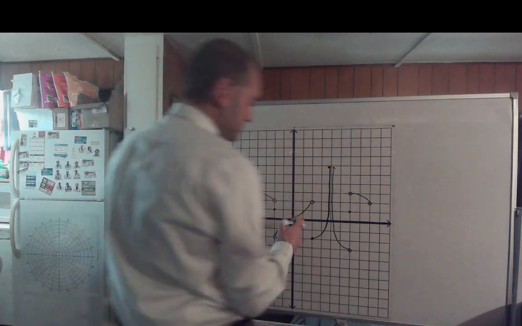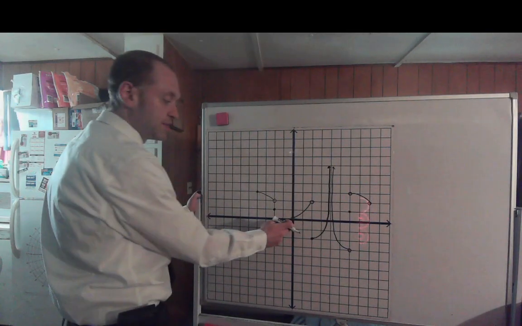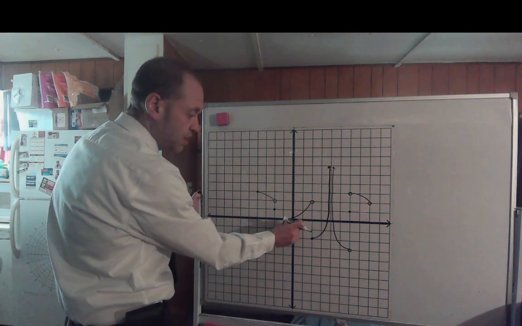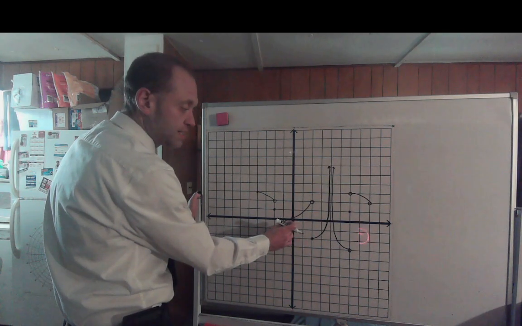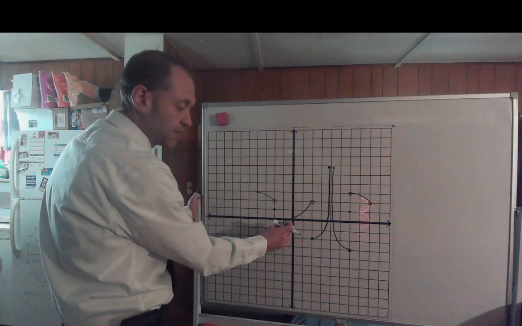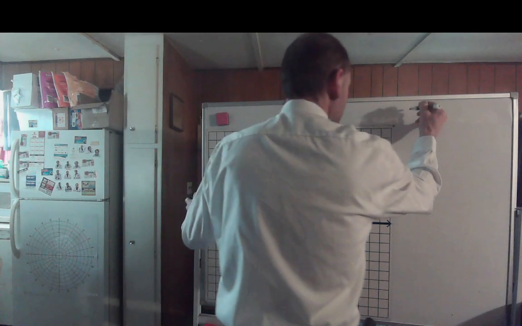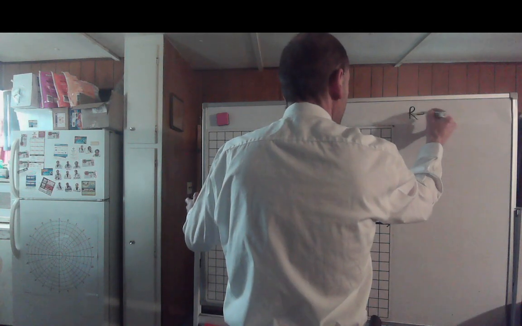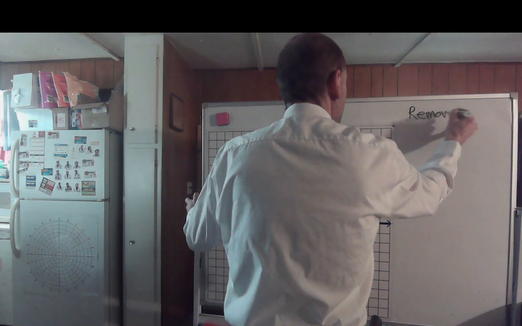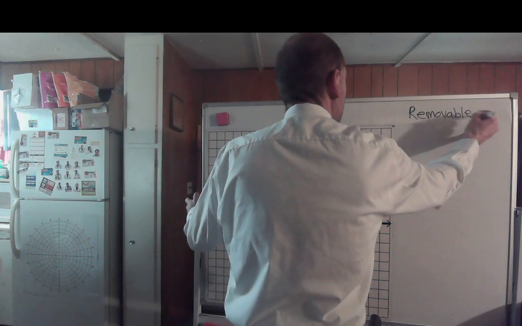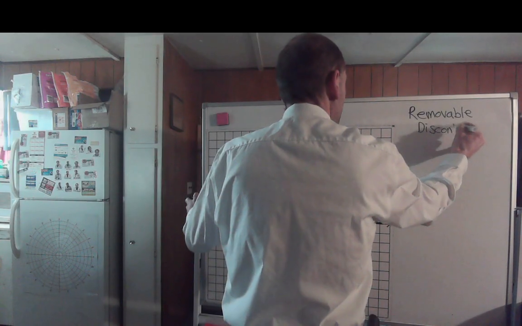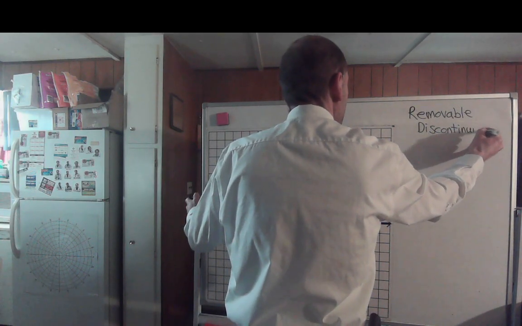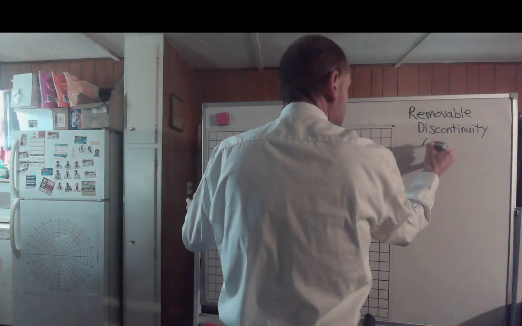So we definitely have a discontinuity there, but it's just an open circle at that one point. The rest of the curve's filled in. So this is a removable discontinuity. So we have actually a removable discontinuity at x equals 0.